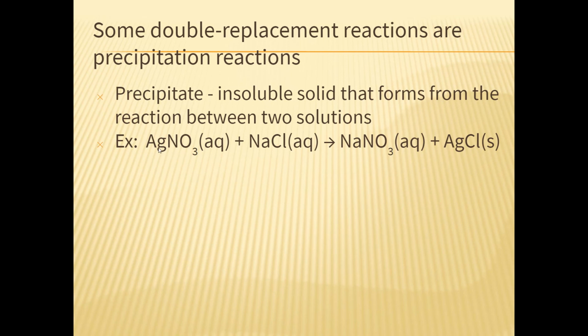So in this example, silver nitrate and sodium chloride will combine to form sodium nitrate and silver chloride. And we will get into the rules to figure out whether something will precipitate or not when we talk about the solutions unit. But suffice it to say that silver-containing compounds don't like to be soluble in water a lot. So this is why that ends up being my precipitate.